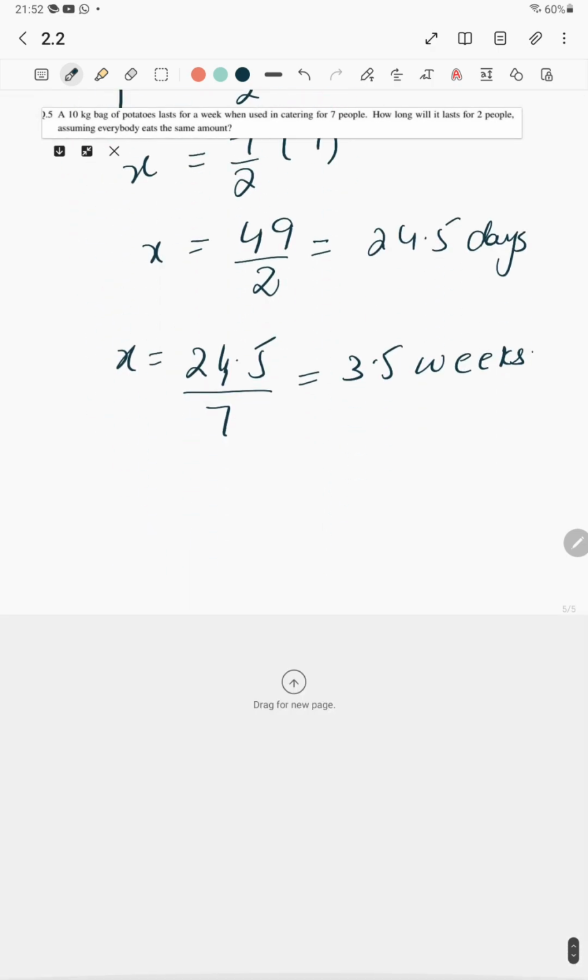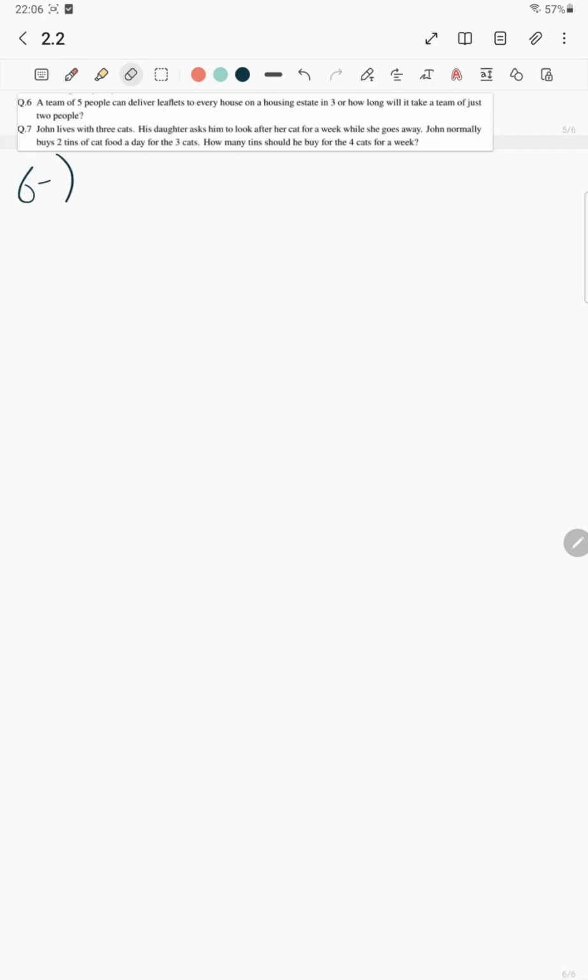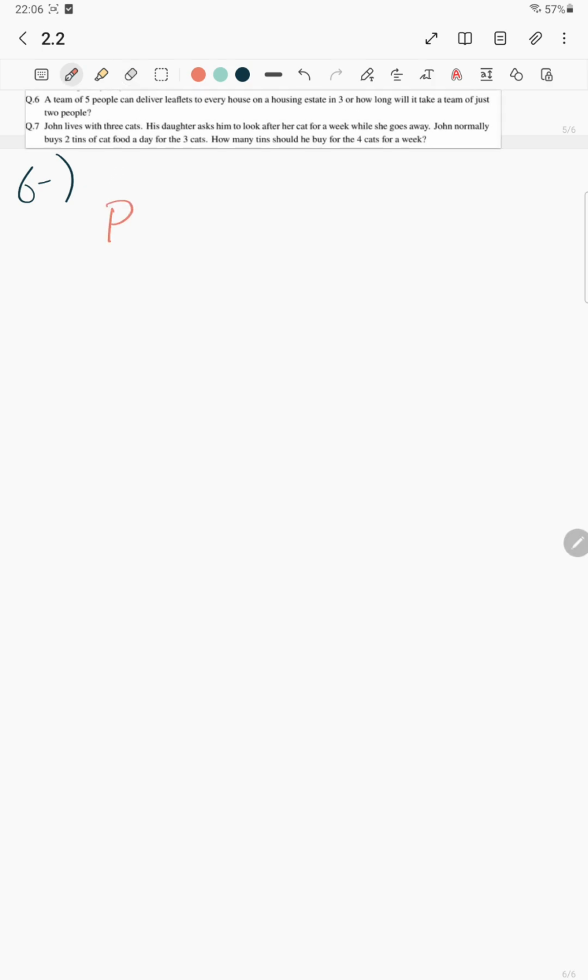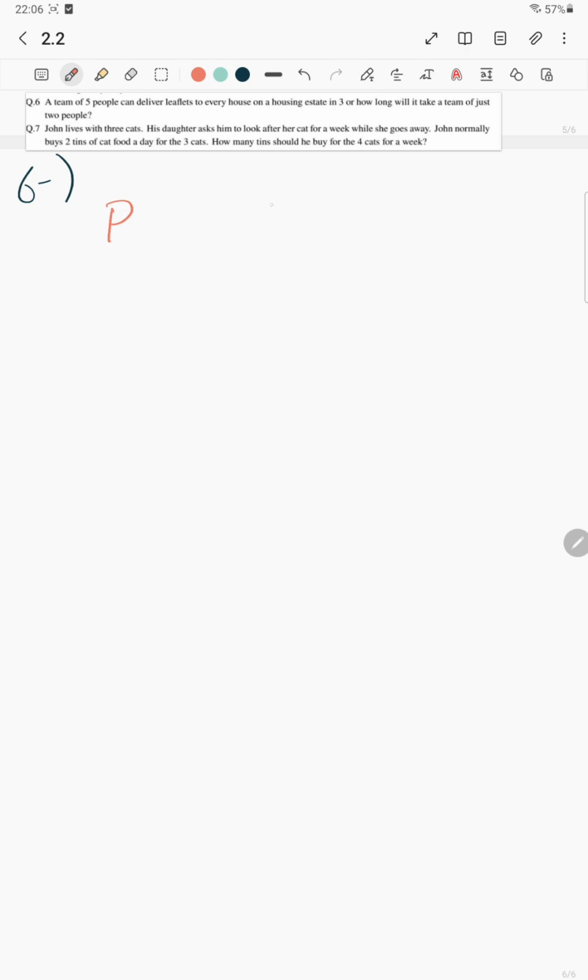Now question number 5. A team of 5 people can deliver leaflets to every house on a housing estate in 3, here we have people, and I think here we should have some time. So you can say hours, or we can say time. So 5 people can deliver leaflets to the houses in, let's say, 3 hours. How long will it take a team of just 2 people?